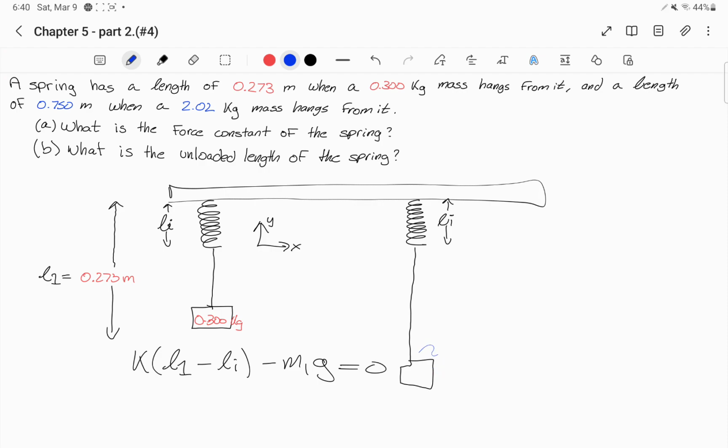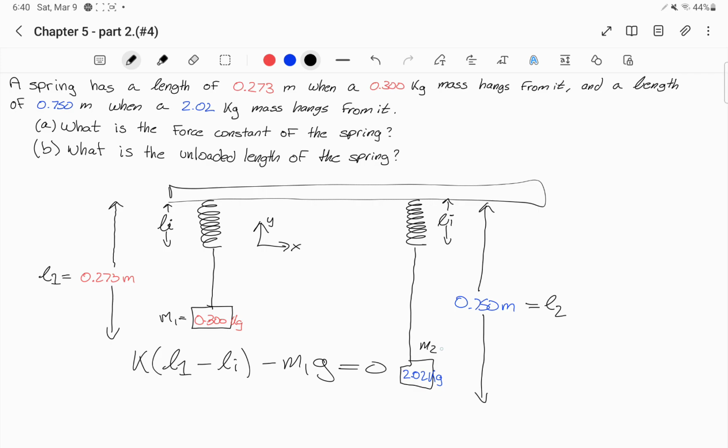And that's going to be mass number 2, which weighs about 2.02 kilograms. And we're going to let this distance right here of 0.750 meters be L2. Remember that this is M1.